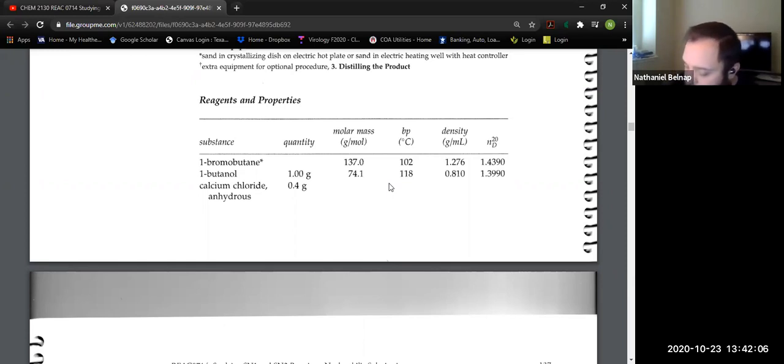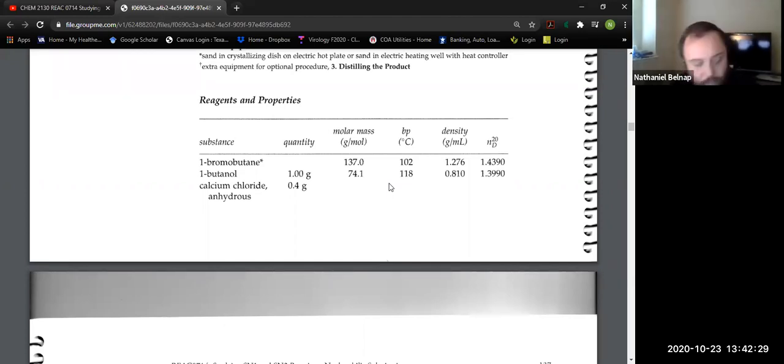And then you multiply that by the ratio of how much butanol makes how much bromobutane, and that's a 1-to-1 ratio.